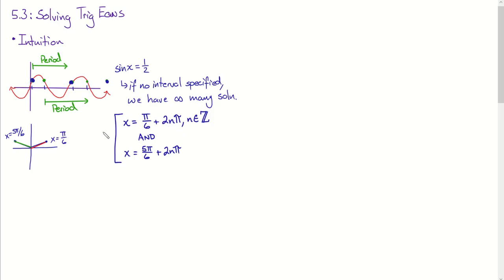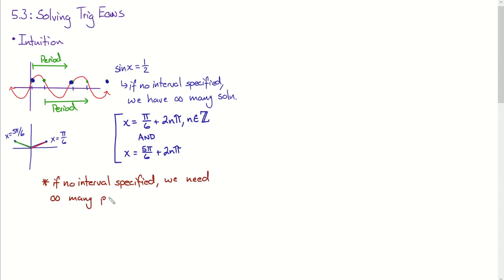That feels important enough because it took 3 musts. If we don't have an interval specified, we need infinitely many solutions.